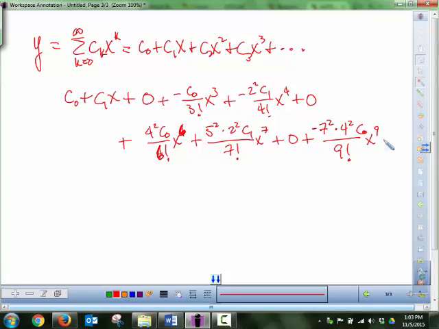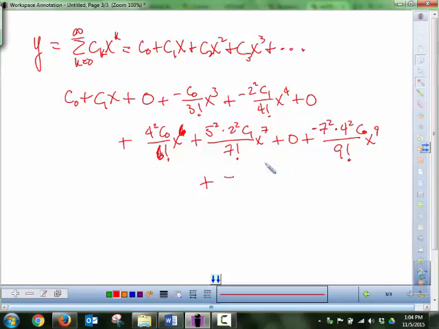Okay. Can you guess what the next term might be? First, is it 0? It's not 0. What would you guess? Positive or negative? Negative.